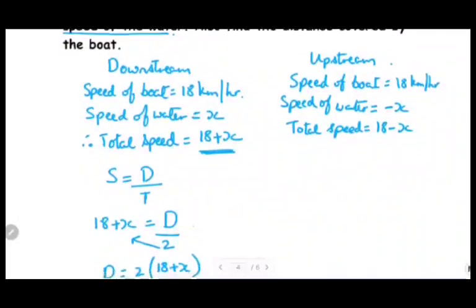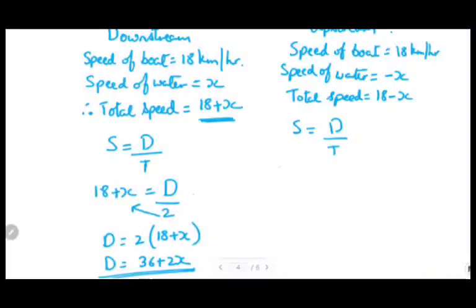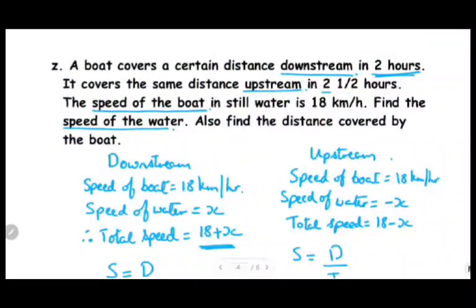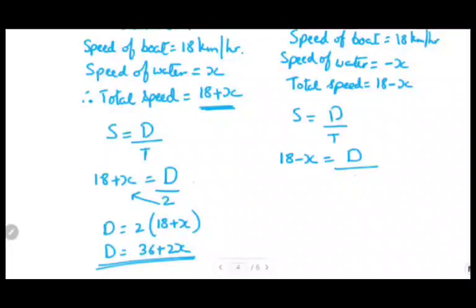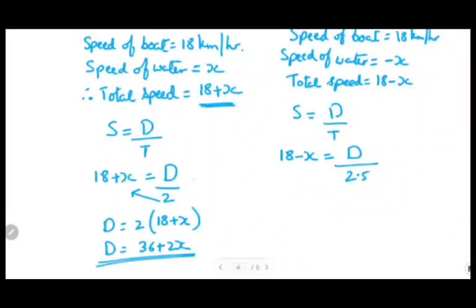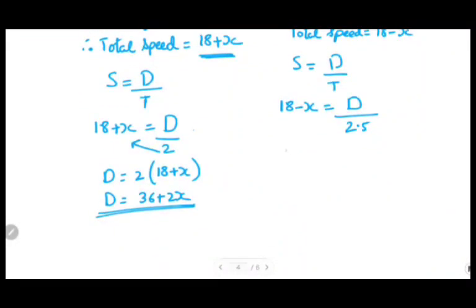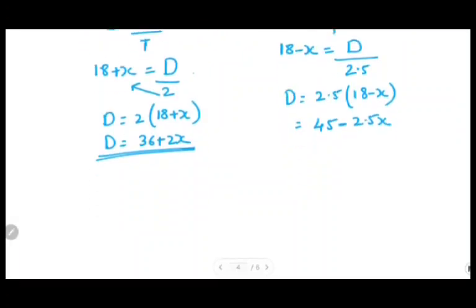Alright, so now speed is equal to distance upon time. Speed is now going to be 18 minus x. Distance we don't know. Time is 2.5 hours for upstream. So I'm going to write it as 2.5. Okay, so now my distance is going to be 2.5 into 18 minus x, correct? 2.5 into 18 is 45 minus 2.5x.